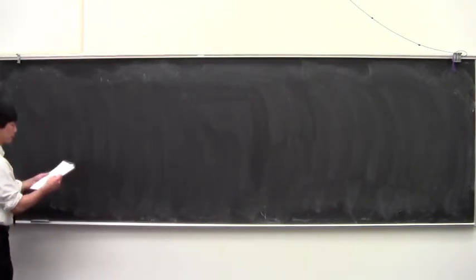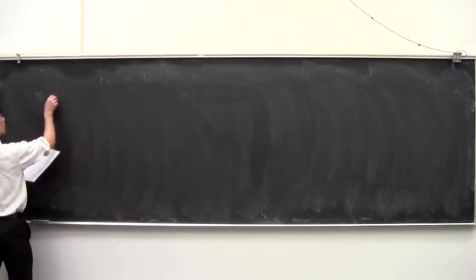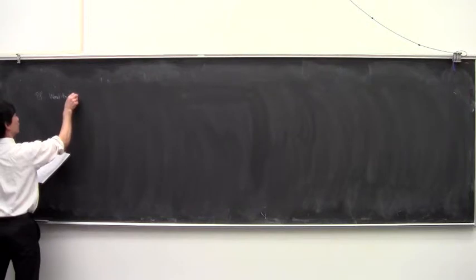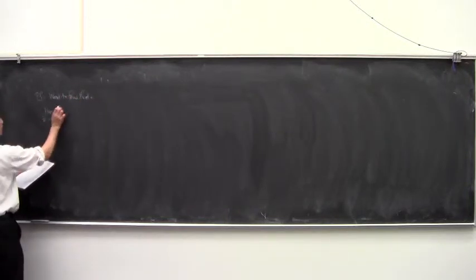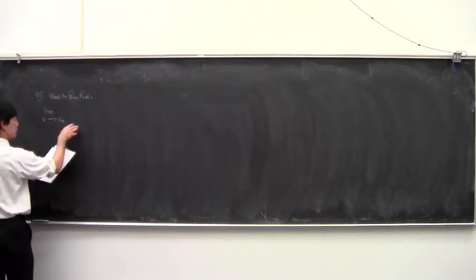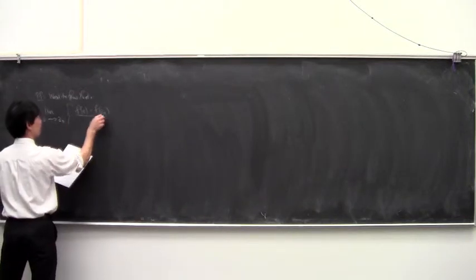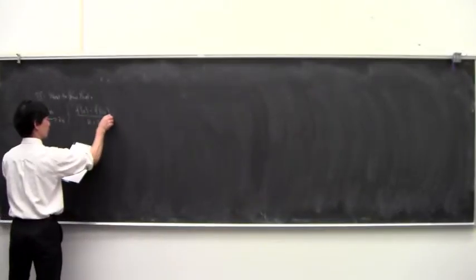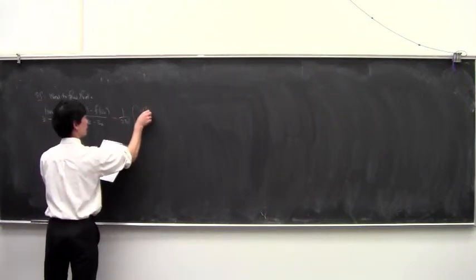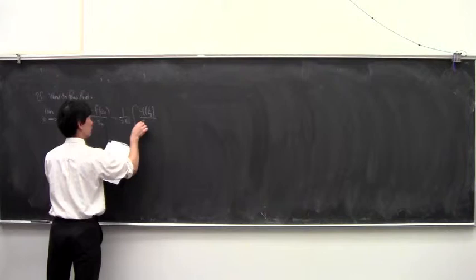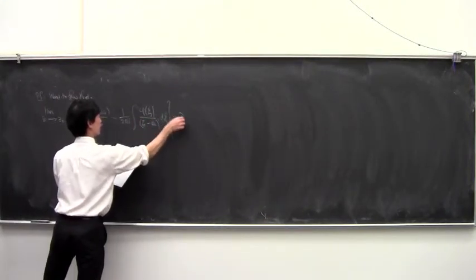Okay. So proof: we want to show that the limit as z goes to z naught of f of z minus f of z naught over z minus z naught, minus 1 over 2 pi i times the integral of phi of zeta over zeta minus z naught squared d zeta, is 0.